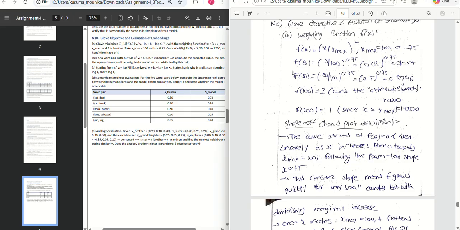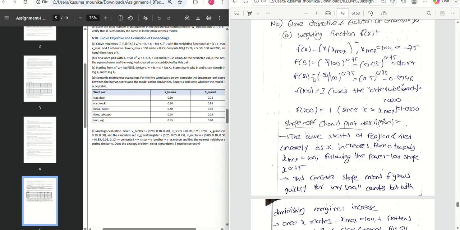The curve starts at f of 0 and rises quickly for small counts, with diminishing marginal increase following a power law x to the 0.75 until it reaches x max at 100, where it flattens completely and stays constant at 1. For example, x greater than or equal to 100.